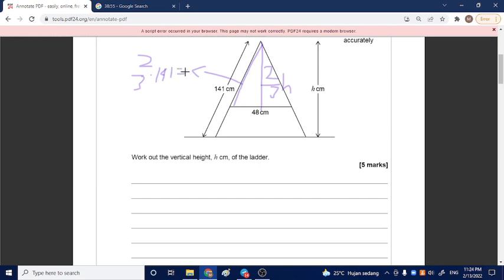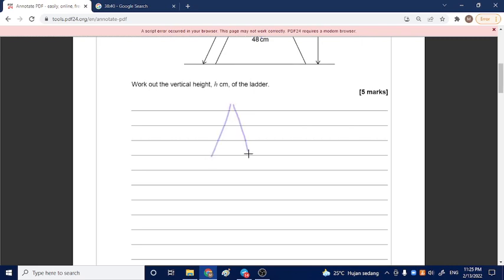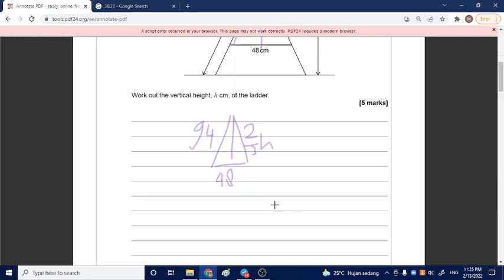We have this new triangle, 48, 94, and 2 over 3 h.